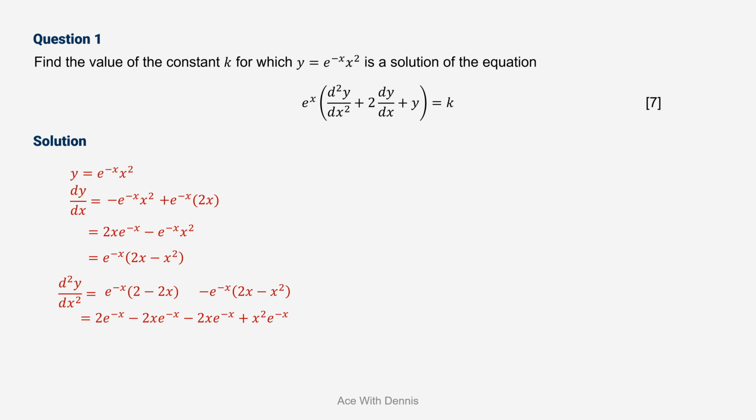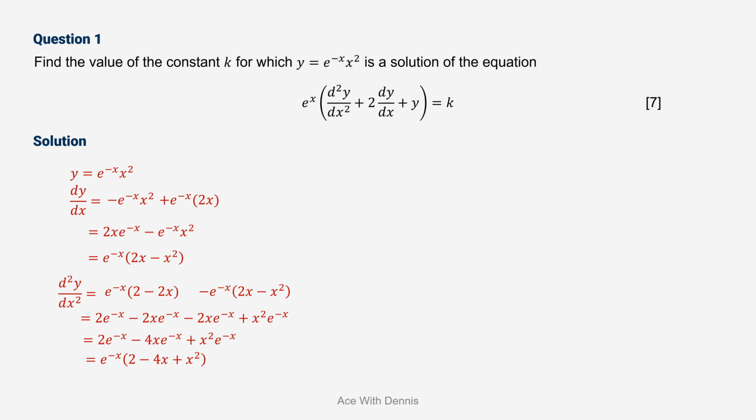Simplify the equation, we get 2e to the power of negative x minus 2x times e to the power of negative x, minus 2x e to the power of negative x plus x squared times e to the power of negative x. Simplify further, we'll get 2e to the power of negative x minus 4x times e to the power of negative x plus x squared e to the power of negative x. Factorize e to the power of negative x, we'll get e to the power of negative x times 2 minus 4x plus x squared.